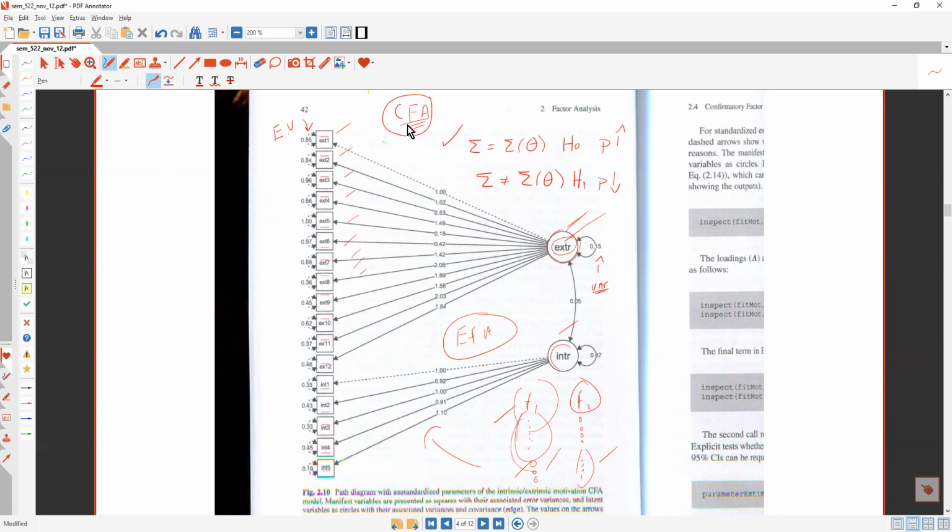How do you know that this variable doesn't load onto here? You don't. You've set it up that way. If you weren't sure and you wanted to just explore the data, then do the EFA. But this is a specific hypothesis that you're testing.